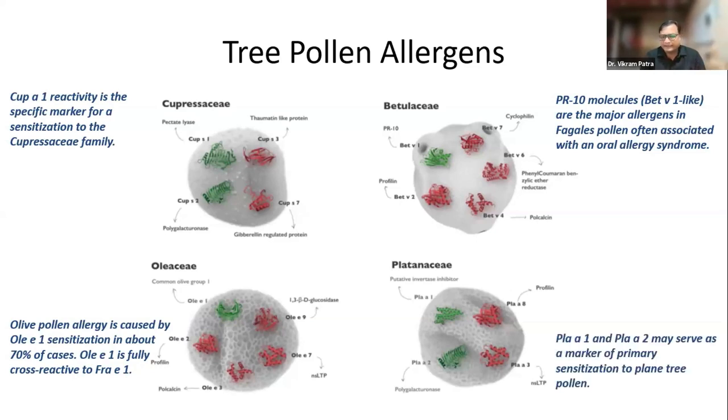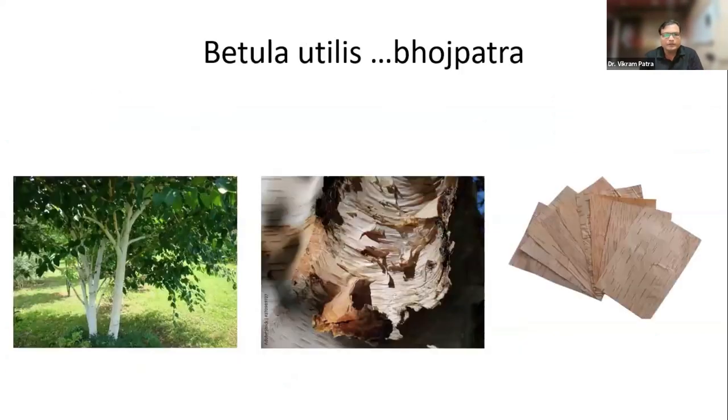Then from the Platanaceae, Pla a 1 and Pla a 2 may serve as a marker for primary sensitization to plane tree pollen. The plane tree is typically the London plane tree. Whether we have birch pollen in our country, yes, in the Himalayan belt we get these kinds of trees.